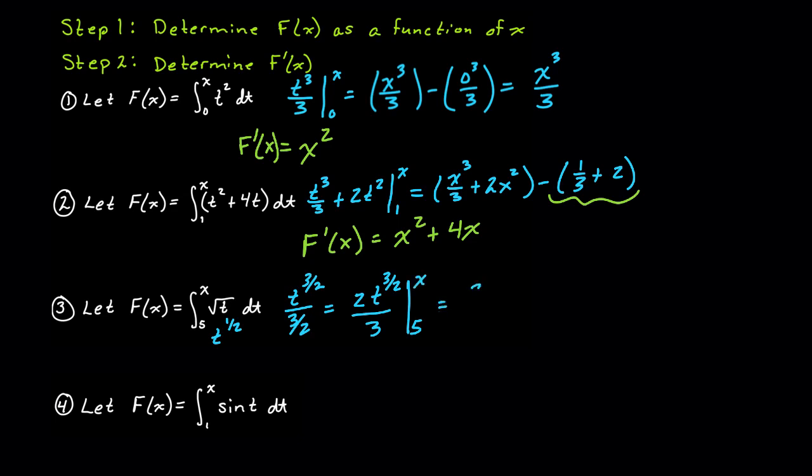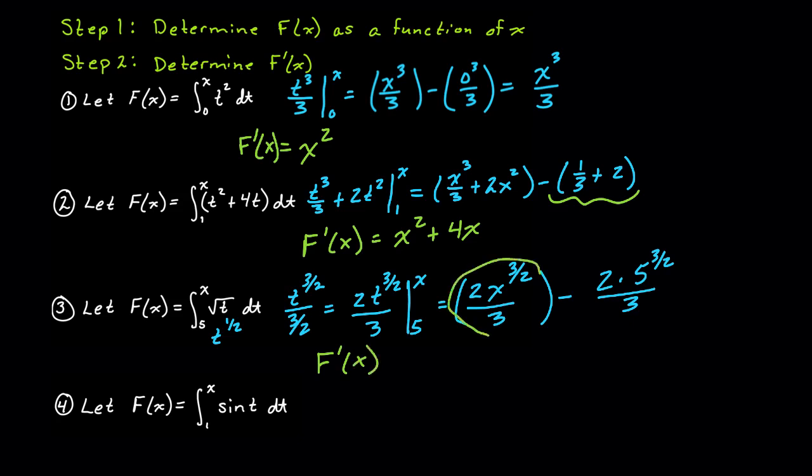So we're going to get 2x to the 3/2 over 3 minus 2 times 5 to the 3/2 over 3. And our next step is to find the derivative of that. Well, the derivative of this part, when you bring the 3/2 to the front, cancels with the 2/3, so you're just going to get x raised to the 1/2 power. And then this is a constant, so the derivative of that is 0.